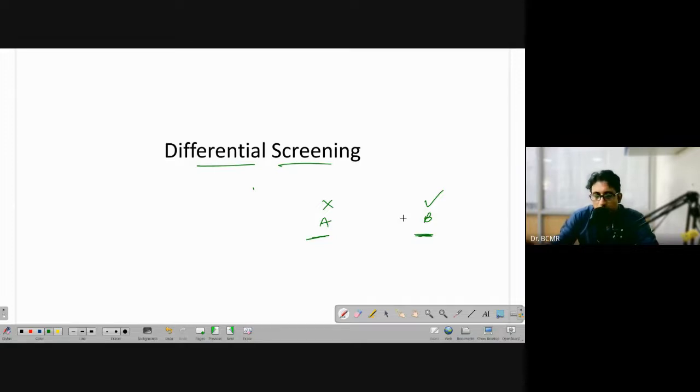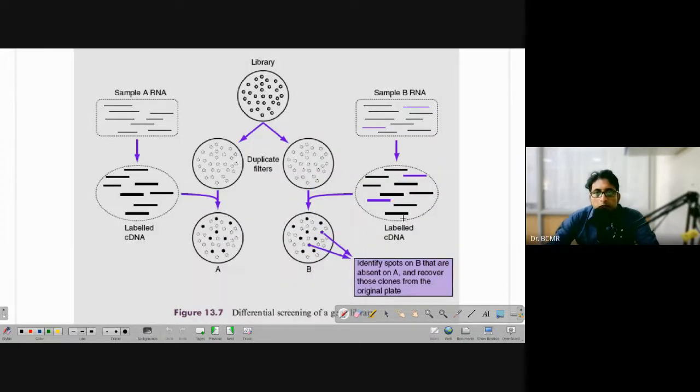Here, if you want to make a large scale comparison between two different cell states or cell types, then you can use this protocol. So I hope if we learned about colony hybridization, and if we understood the logic of subtractive hybridization, it's almost like a fusion of these two.